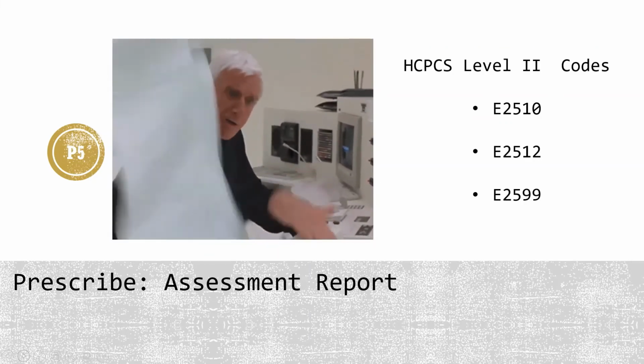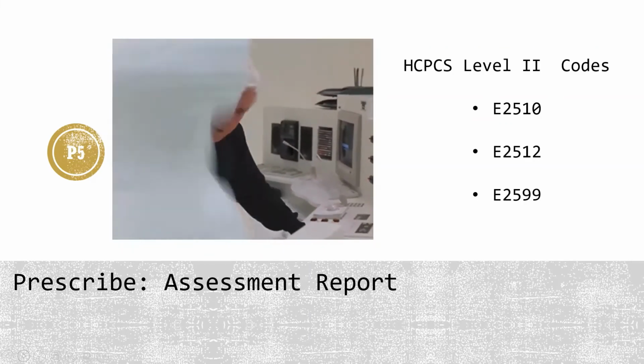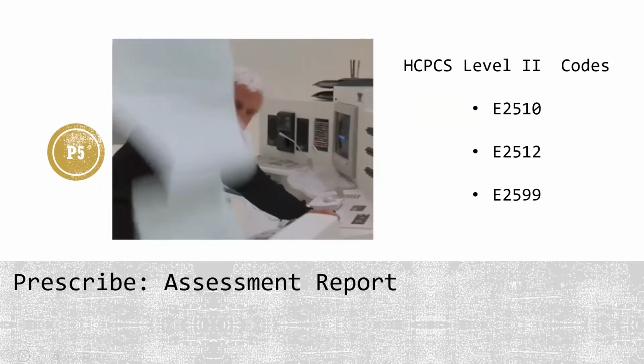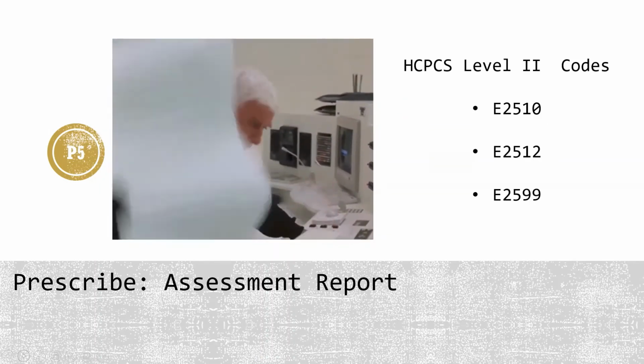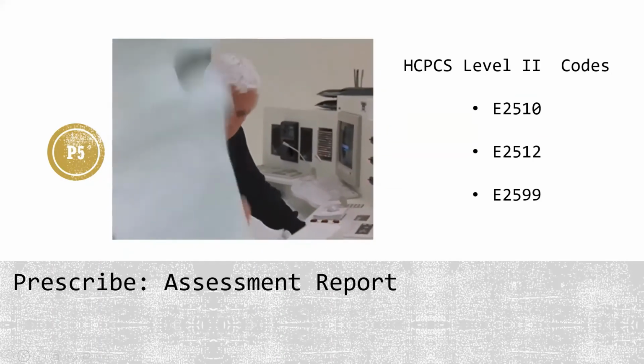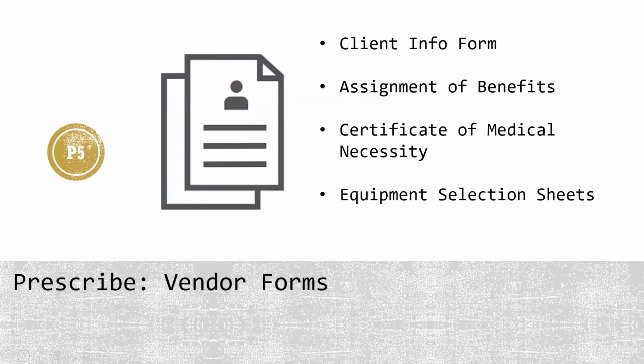And just rely, once you've come to that recommendation and you're going to write that report, really rely on your vendors. I do. They help me to ensure that I'm writing out the names of things and putting the appropriate codes on everything. Those vendors are also going to help you with their individual forms.